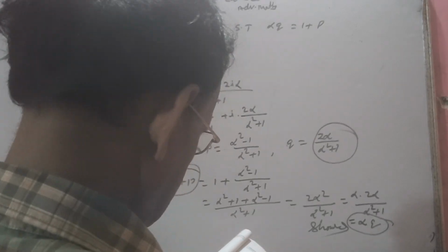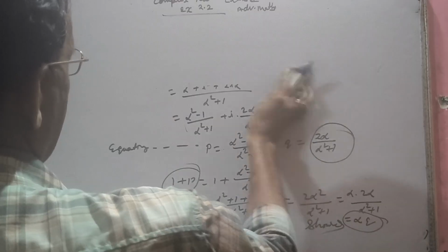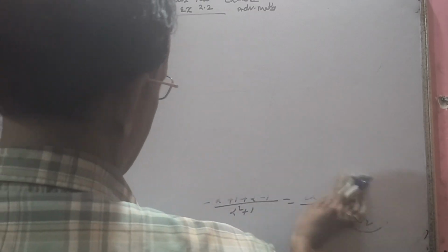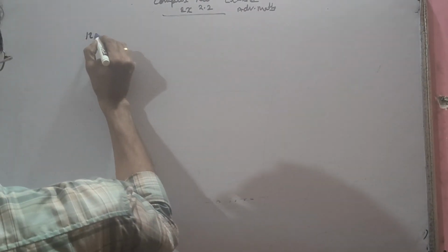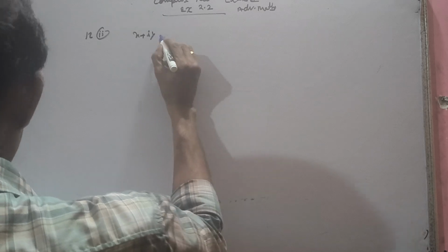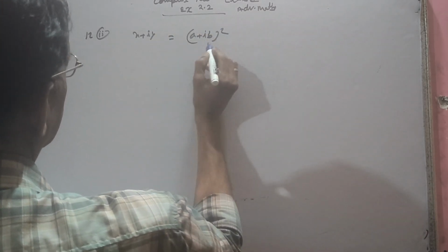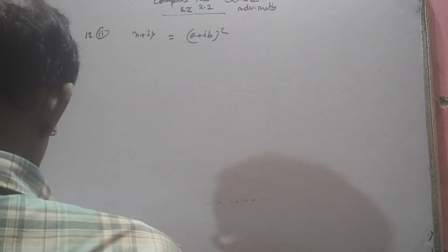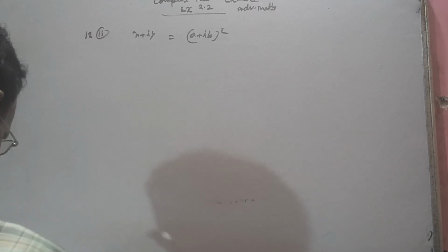Okay, last sum of this exercise, 12 number 2. What is given? x plus iy is equal to (a plus ib) whole square. So we need to find x square plus y square.